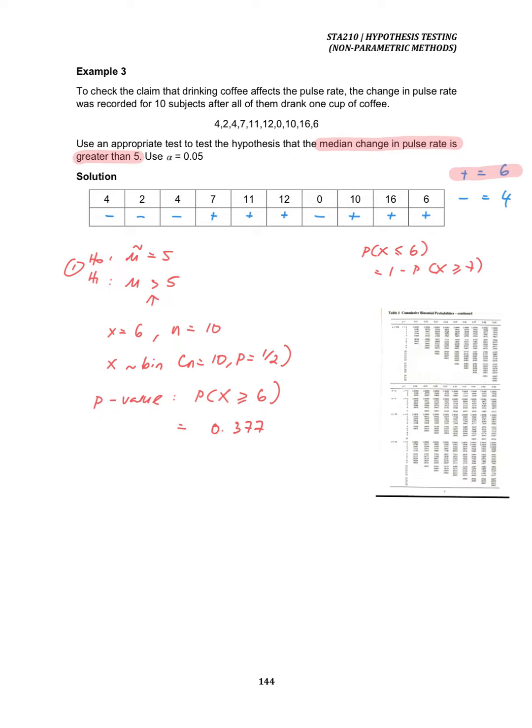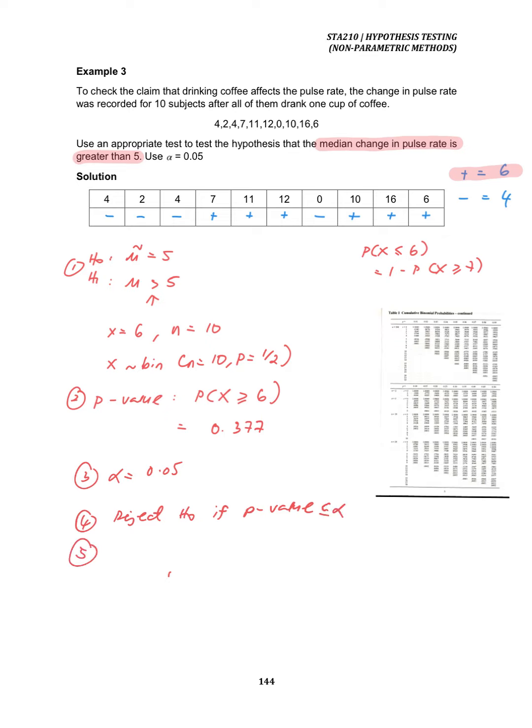Okay, now the third, kita dah ada P value. This one is second step. Okay, the third step, alpha kita adalah 0.05. So kita punya rules kita reject H0 if P value less than or equal alpha.